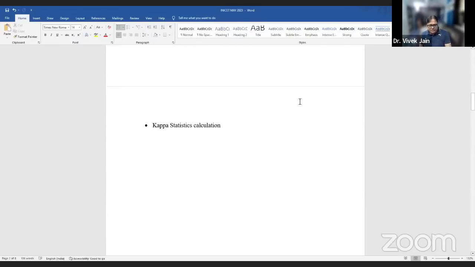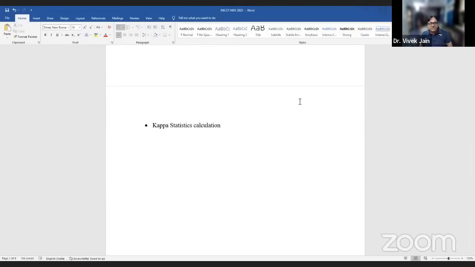Friends, this was one of the difficult questions, really difficult, because it requires actually 5 to 6 minutes for understanding what the kappa statistic is. It is actually a level of agreement between 2 different observers. So if you were given 2 different sets of data, in both you will have to calculate the kappa agreement between both the investigators. Like suppose one table of screening test is given, second table of screening test is given.